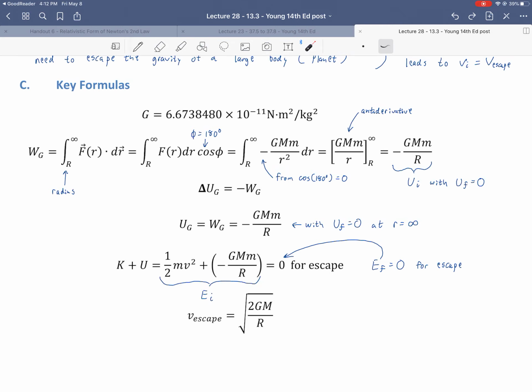And so then your initial total energy, to pull off a final total energy of zero, has to be some amount of kinetic energy in the form of 1/2 mv squared plus your initial gravitational potential energy, which of course is negative because you're in a well. So when you solve for v, since this is just set equal to 0, you can just move things over and very quickly solve for v.